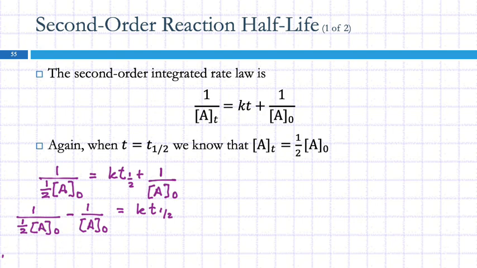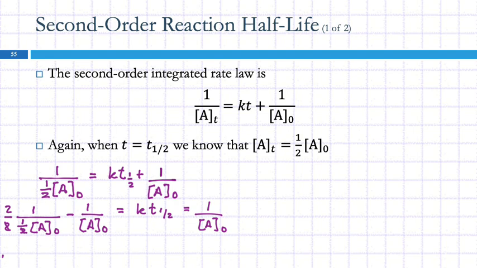If I multiply the numerator and the denominator by 2, I can change this into a 1. Those 2's cancel out. And then I have a 2 up here. So what I really have is 2 over A0 minus 1 over A0. So that comes out equaling 1 over A0. If you didn't follow that, don't worry about it.